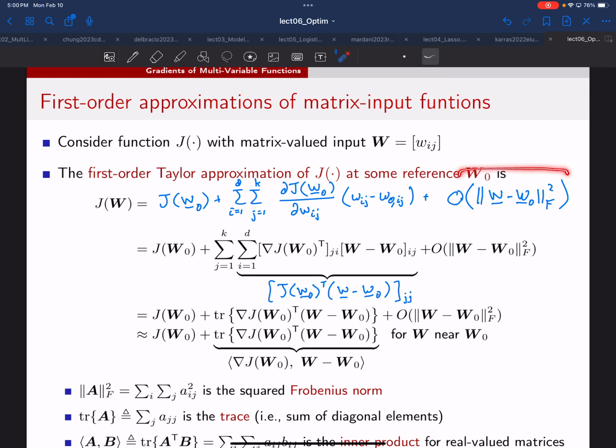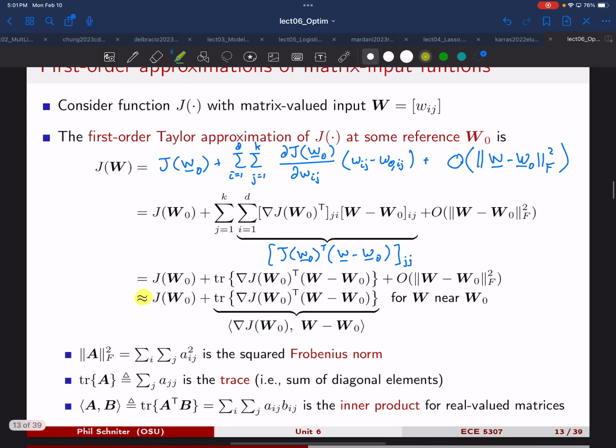So far, we've kept the big O terms there, but at some point now, we're going to drop the big O terms, and we get an approximation. That approximation is going to be good as long as W is close to W naught. Now, this trace ends up being the inner product for matrices, or at least real valued matrices.